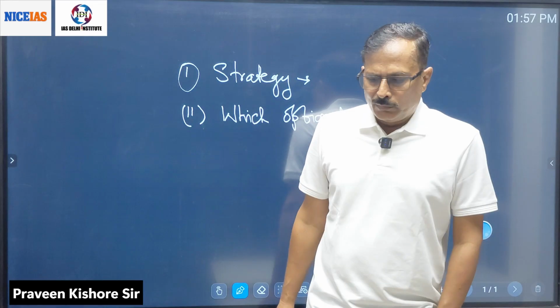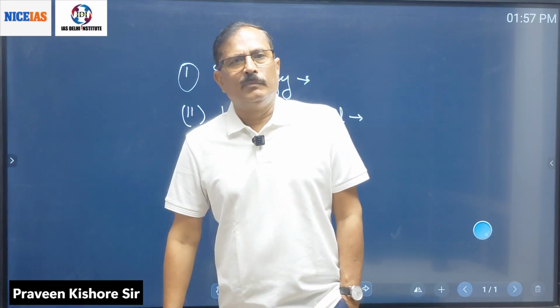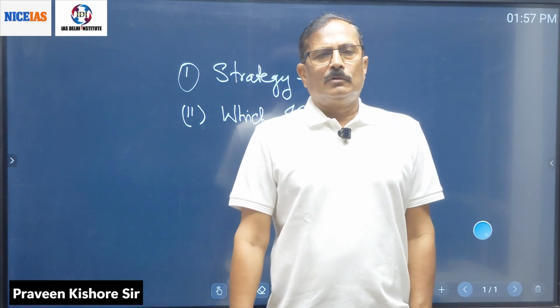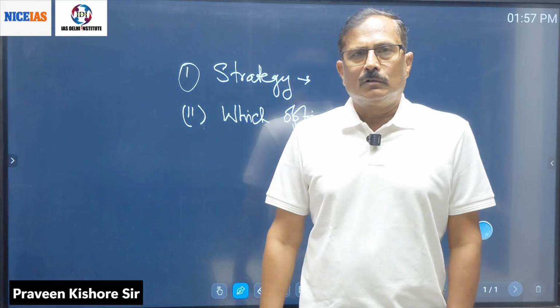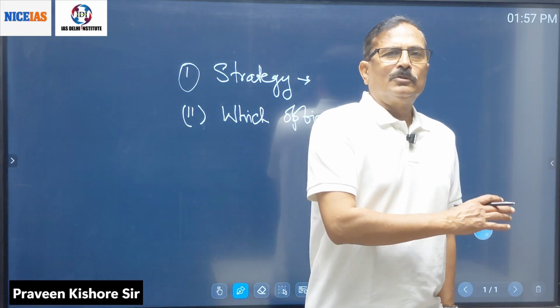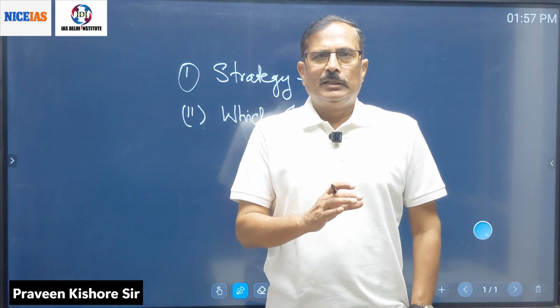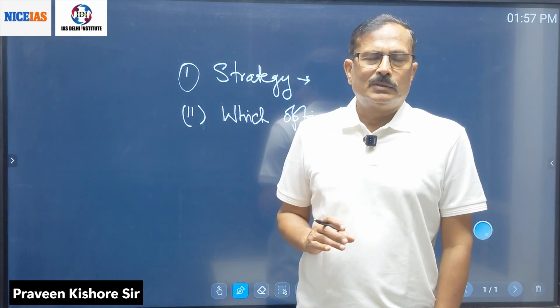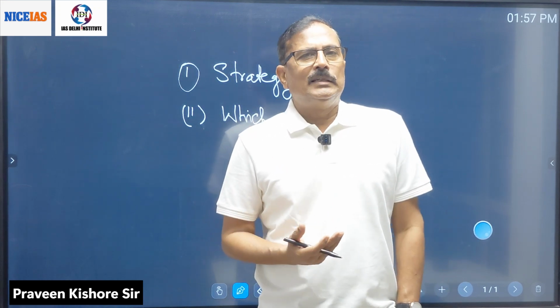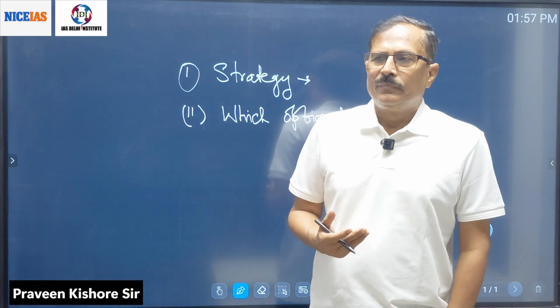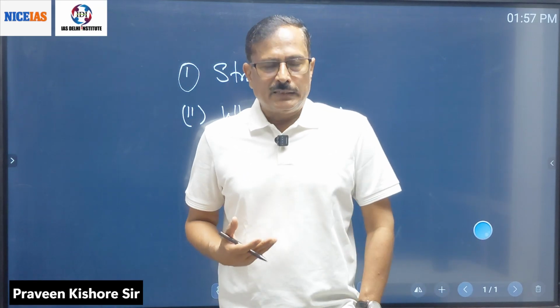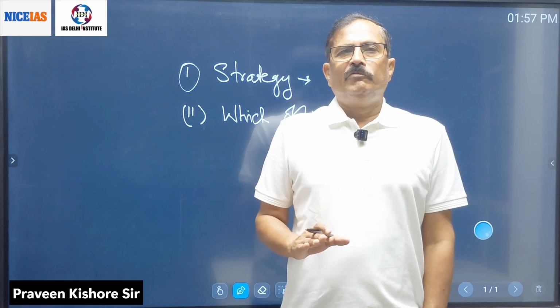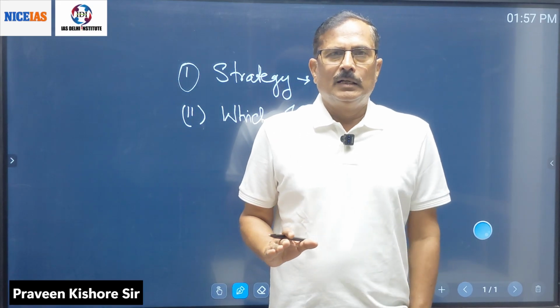Now in the market you will find people telling that the syllabus of sociology is short, that the syllabus of sociology is such that you can prepare in 2 months. Then you will find people saying that it is a highly scoring subject. I don't agree with all these things.